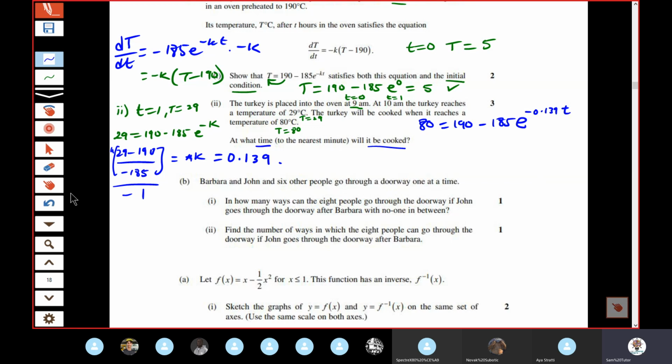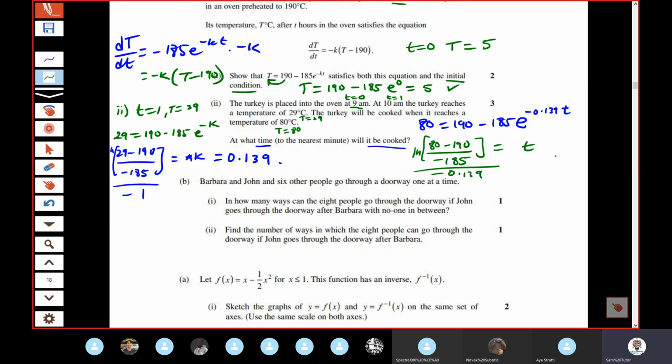The only difference is my k value is not this, it's the whole exact answer that I have in my calculator. This is how you would solve for t. 80, take away 190. You'll divide by negative 185. Then you're left with the e. You would log both sides. You'll be left with this number. You'll divide by that whole thing.